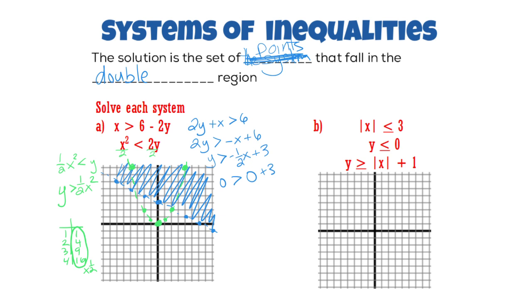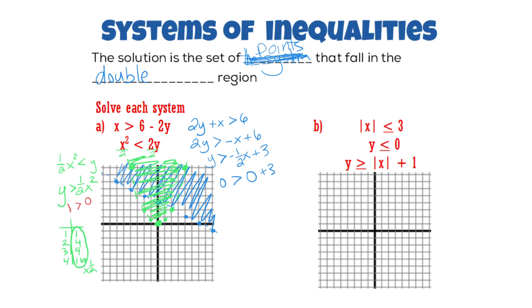So if I put 0 in for the x and 1 in for the y, so I'd have a 1 greater than, putting a 0 in for x would get this right here, and 1 is bigger than 0, so I like it. I'm going to shade where that is, so I'm shading inside here. Now, you kind of want to shade lightly because ultimately the final answer is where it got double shaded, and I really need to be able to tell where that's at.